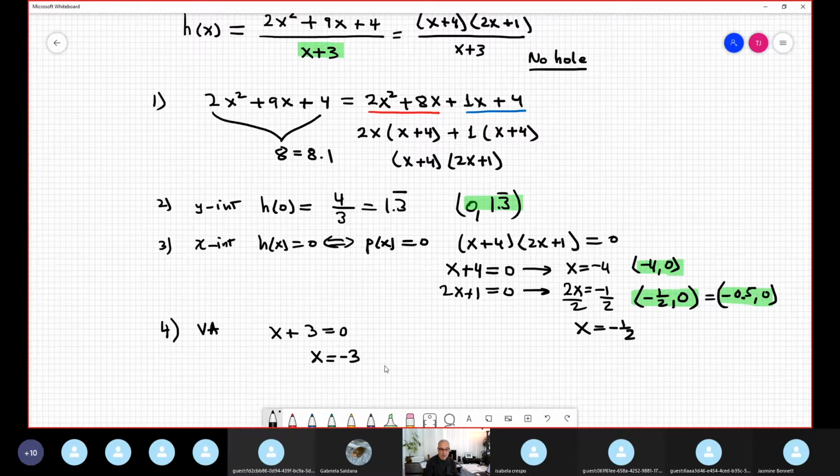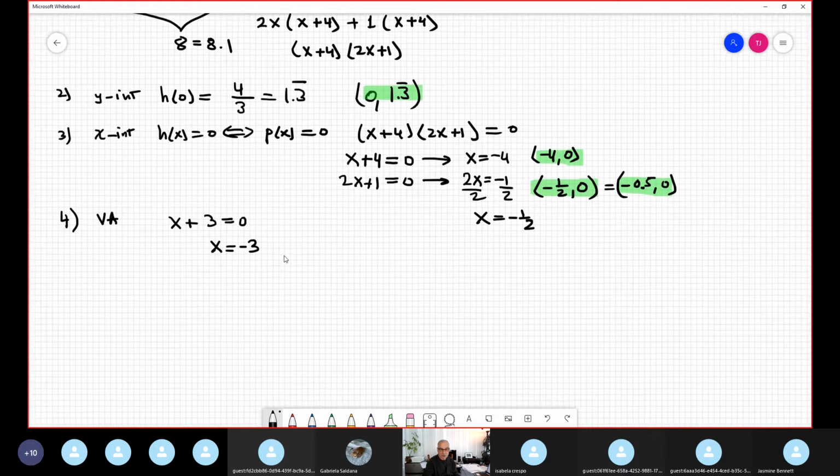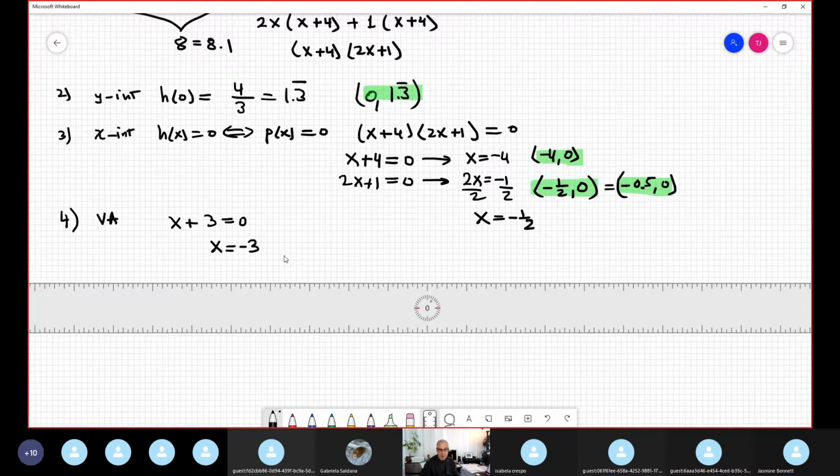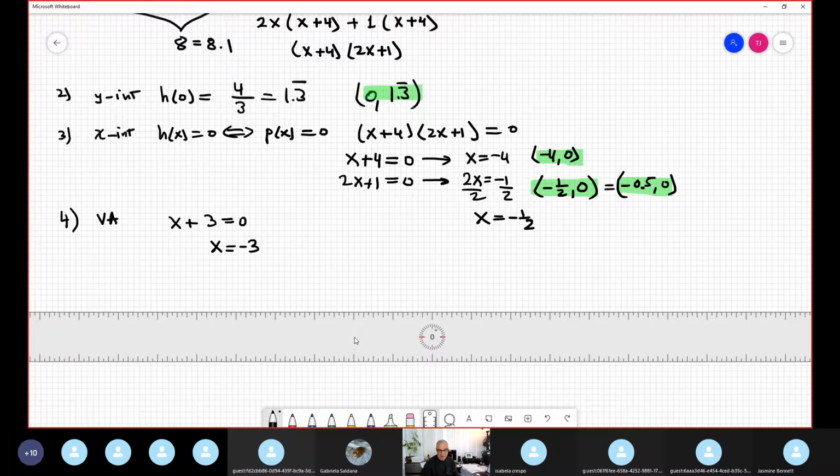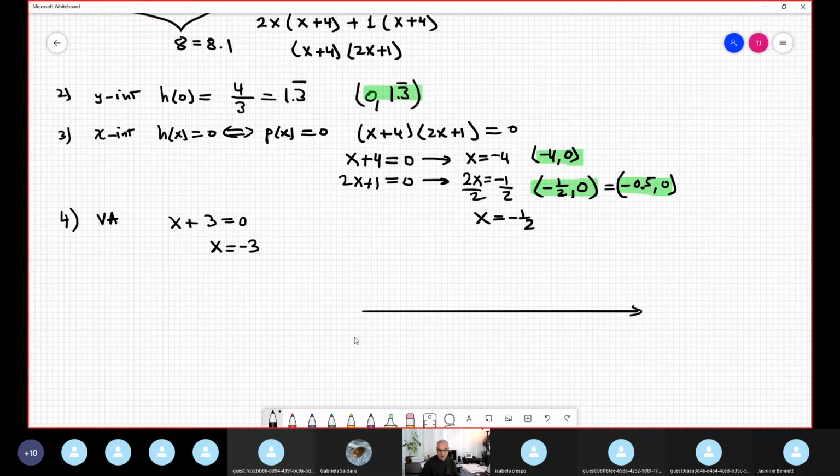Okay, so far, I like so much at this moment doing a rough sketch of the real number line, the x-axis. I know that the domain is all real numbers except negative 3, because the vertical asymptote is undefined there.